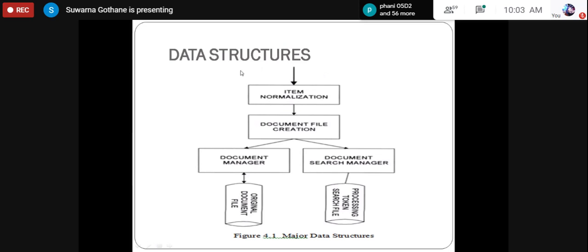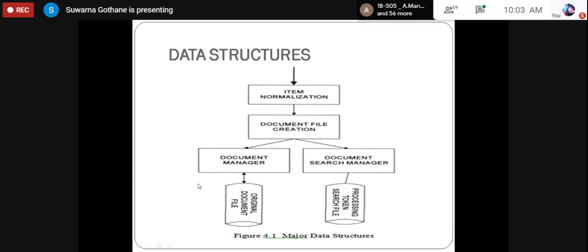In unit 1 you studied how your information is considered whenever you put it into the address bar, and for that information a document file is created. In this document file, here is the role of data structure.